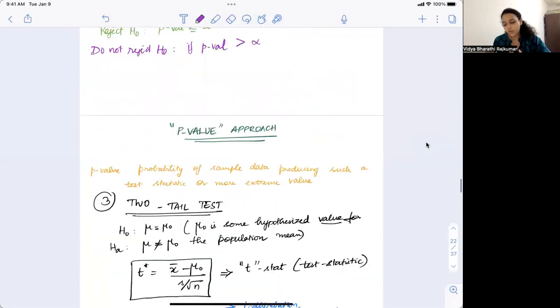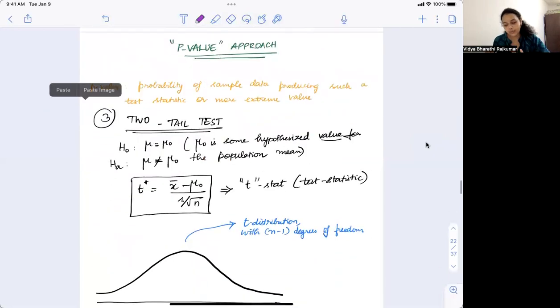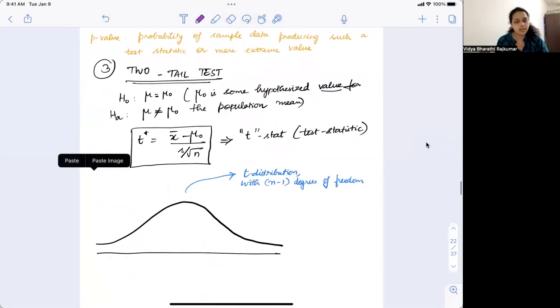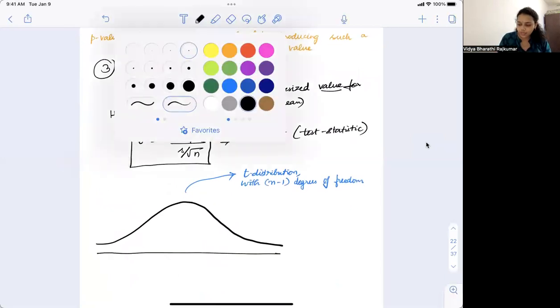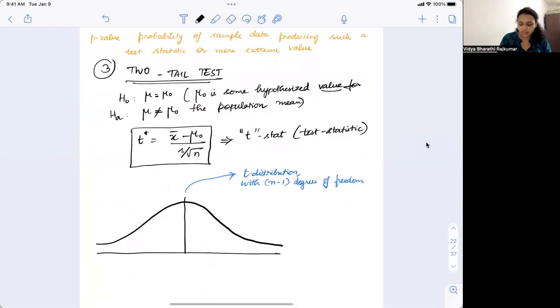Now, we look at a two-tail test and how to compute the p-values there. For a two-tail test, we know that we'll have the center, and we're going to have our rejection regions on both sides of the distribution, on both tails. Now, the way we'll define p-value, this one is a little bit tricky, so pay attention.